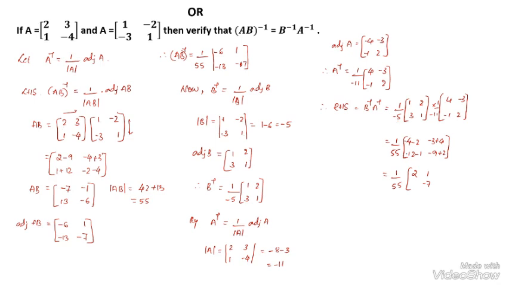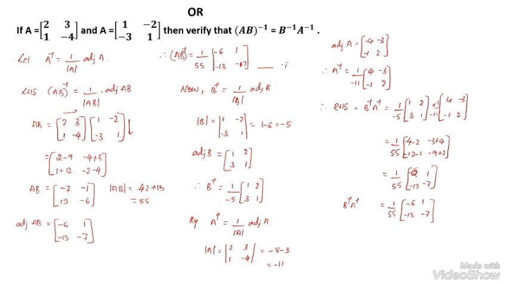This is minus 4 and minus 2, then minus 4 minus 2 becomes minus 6. Here minus 13, and minus 3 plus 4 becomes 1. Therefore, 1 divided by 55 times minus 6, 1, minus 13, minus 7. This is B inverse into A inverse.